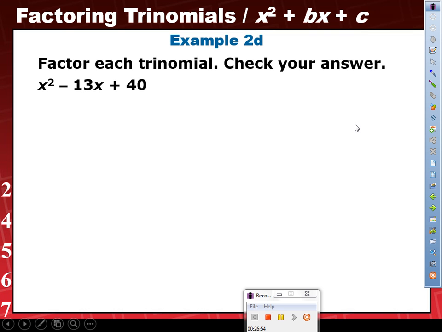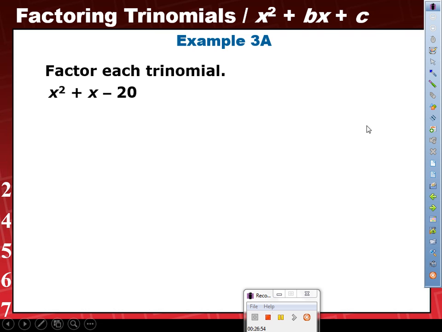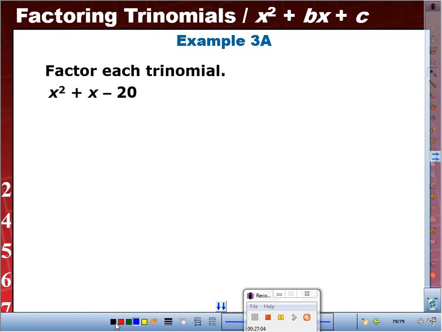Copy this one, example 3a. And we're going to do this one together. Copy that, please. X squared plus x minus 20. First, do we have a GCF? No. Open two parentheses.